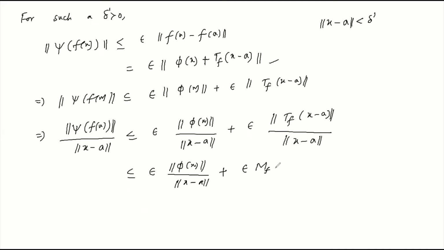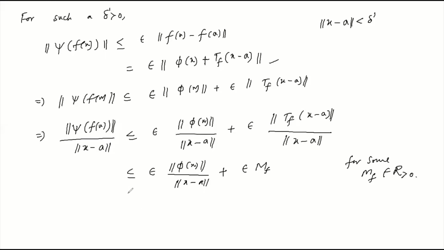So epsilon times mf times norm of x minus a, divided by norm of x minus a. That will cancel out. So we have epsilon times mf, for some mf belonging to the positive reals.